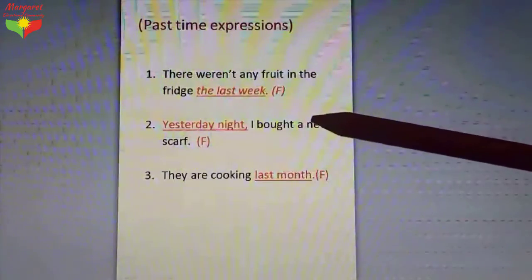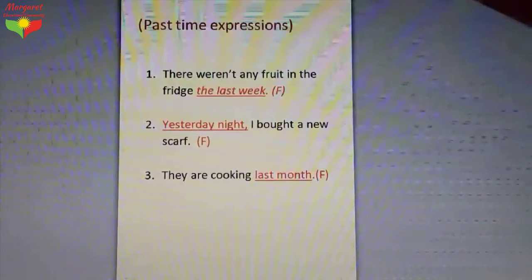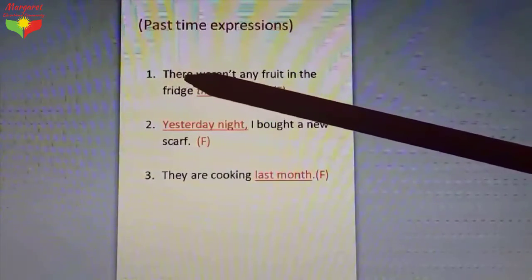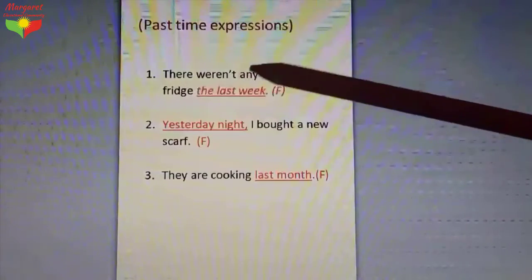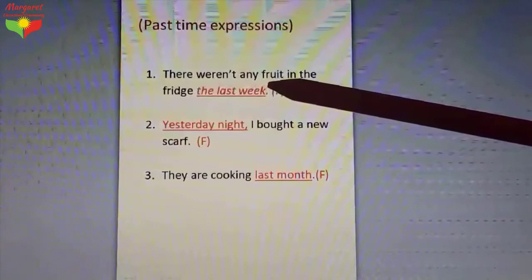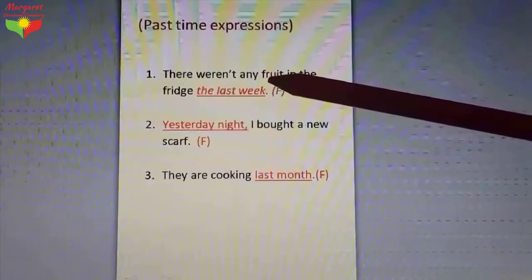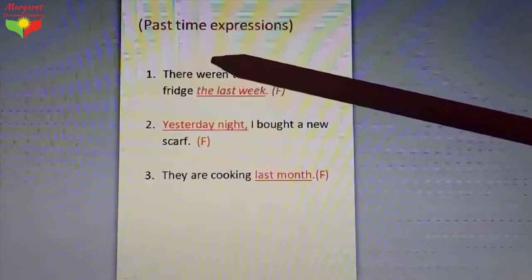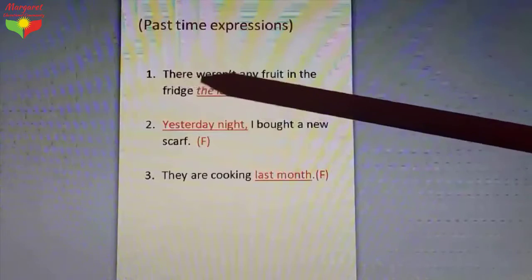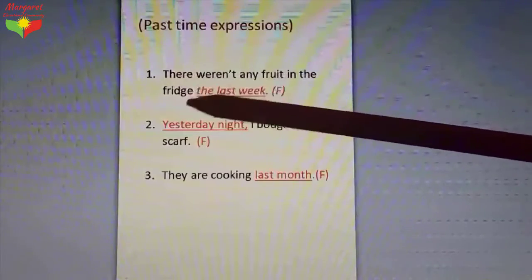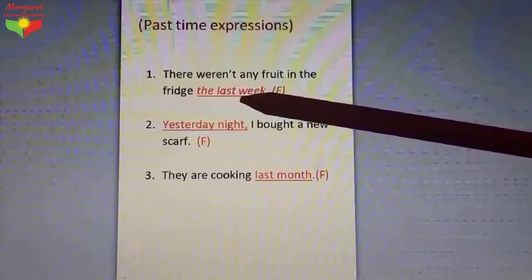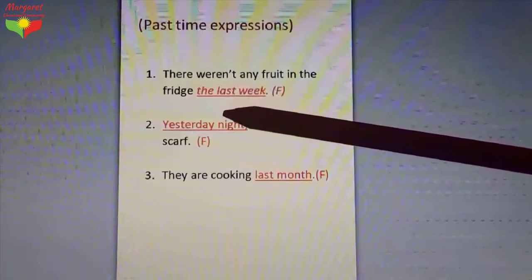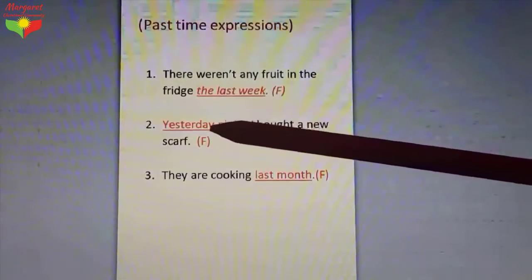But now, let me explain why. First sentence, I wrote, there weren't any fruit in the fridge the last week. Fruit, it's a plural noun, like the word people. Do you remember in the book, I told you we have two important nots?